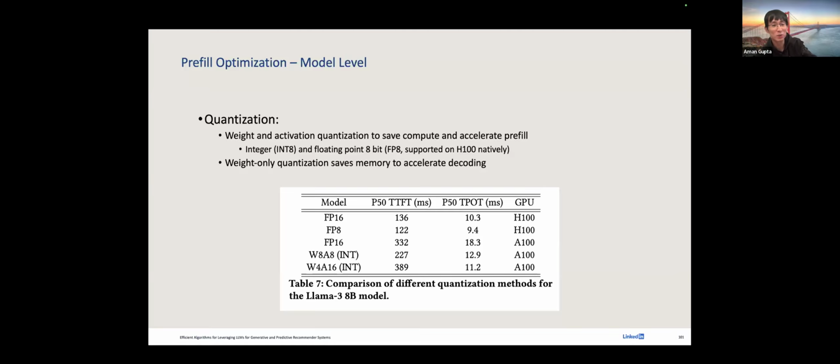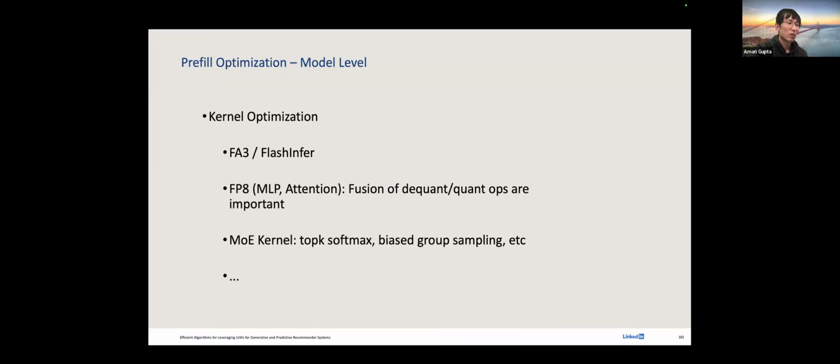Thanks, Kihan, for walking us through the pruning and quantization techniques. Both are incredibly powerful strategies for reducing model sizes and speeding up inference. Now, before we move into the system level optimizations, I want to pause for a moment and re-emphasize a very important layer in model level optimizations, which is kernel optimization. Speeding up at the model level is not just about reducing the model size.